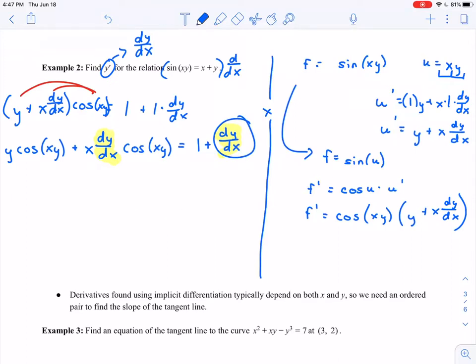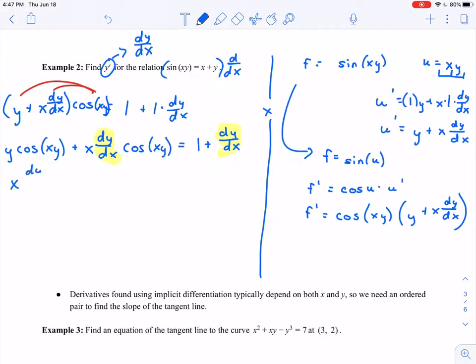So once I do those two things, I'll have x dy over dx times cosine of xy minus dy over dx is equal to 1 plus cosine of xy. Oops, I forgot my y. So let's fix that. I forgot the y in front of the cosine. Plus y cosine of xy.